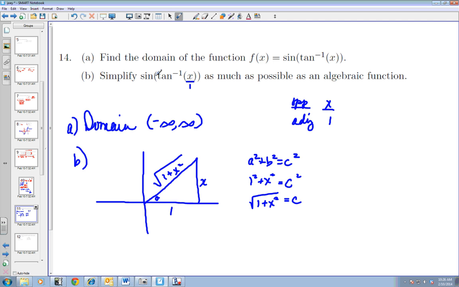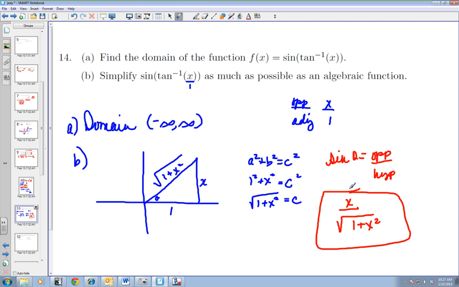Now they want to know, what is the sine of this angle? The sine of an angle is opposite over hypotenuse. The opposite side is x, and the hypotenuse is the square root of 1 plus x squared. And that's my answer. Okay, I think I'm going to stop right there.